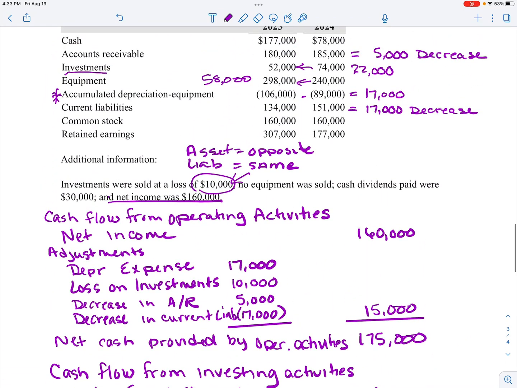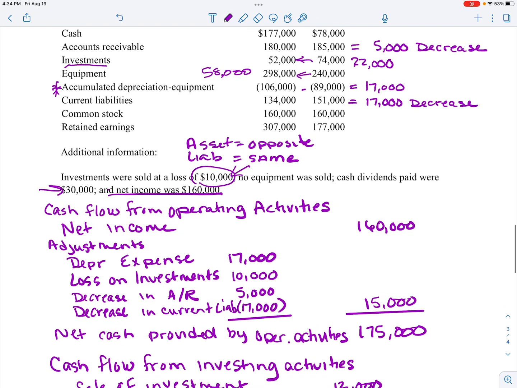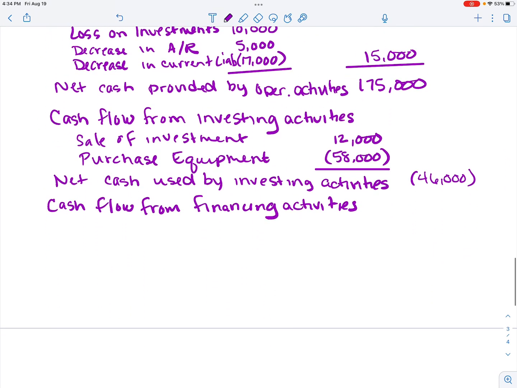There's only one thing in here, and then it told us we paid some cash dividends. Those were $30,000. So I'll list that here. It's really important to know what section everything goes into. So that was $30,000. There's only one thing in there.